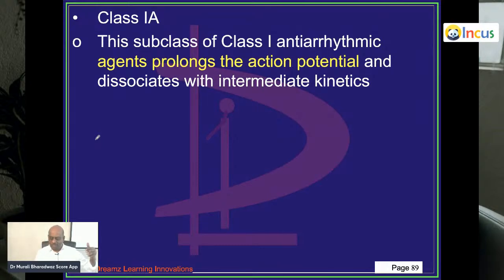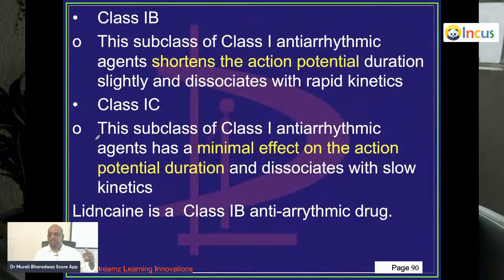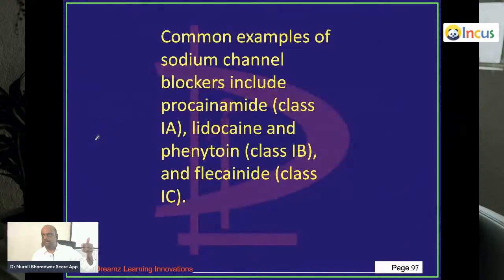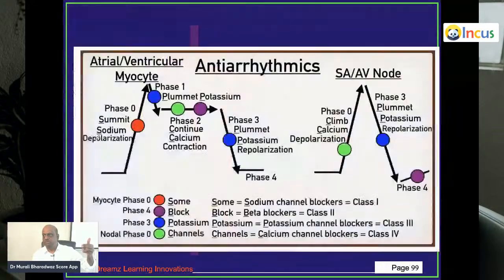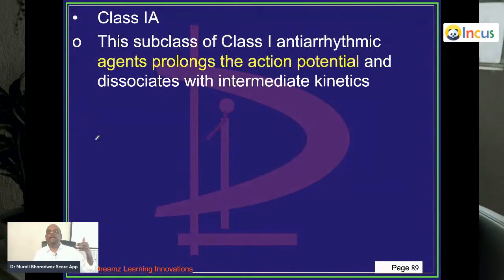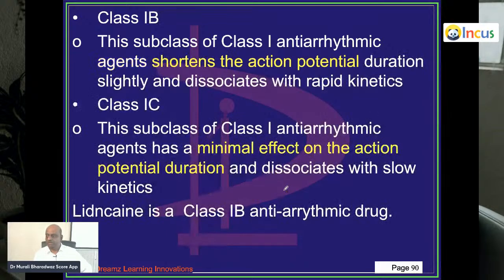So basically, how do you classify the antiarrhythmics, doctor? 1, 2, 3, 4. In the 1, you have 1A, 1B, 1C. Agreed, doc?